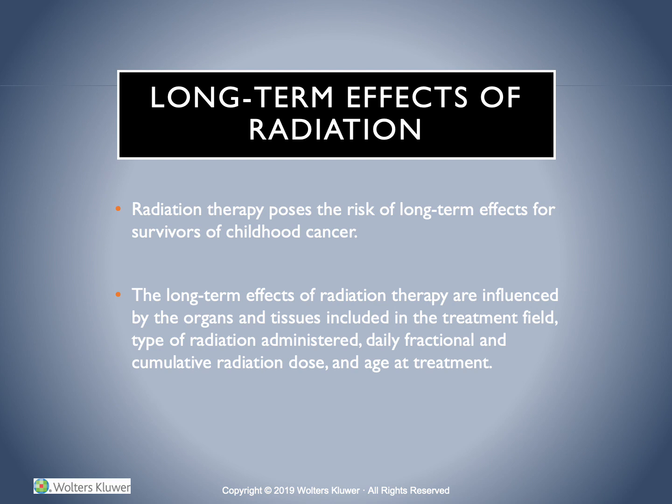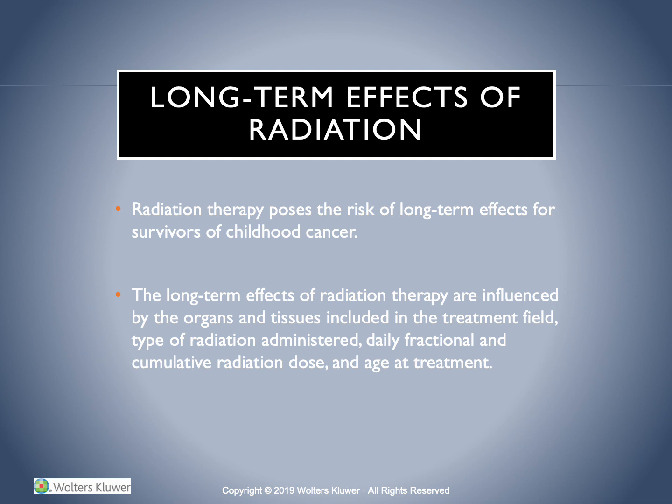Radiation can damage the endocrine glands, which produce the hormones that regulate various body functions, resulting in hormone deficiencies such as thyroid dysfunction, growth hormone deficiency, and early onset menopause. It can also impact the cardiovascular system, leading to coronary artery disease, heart valve abnormalities, and heart failure.